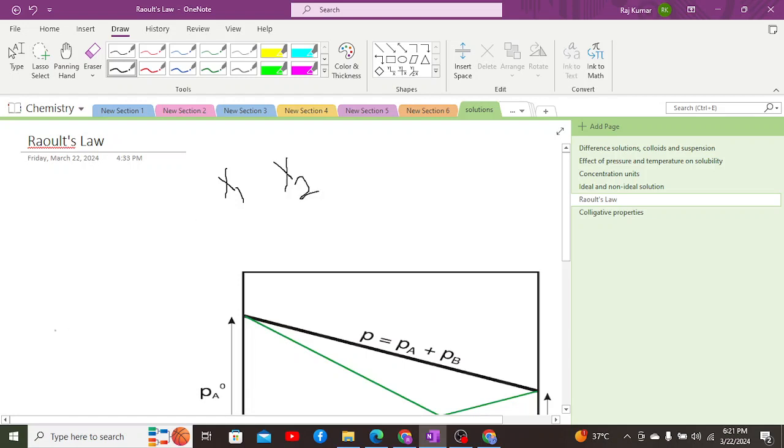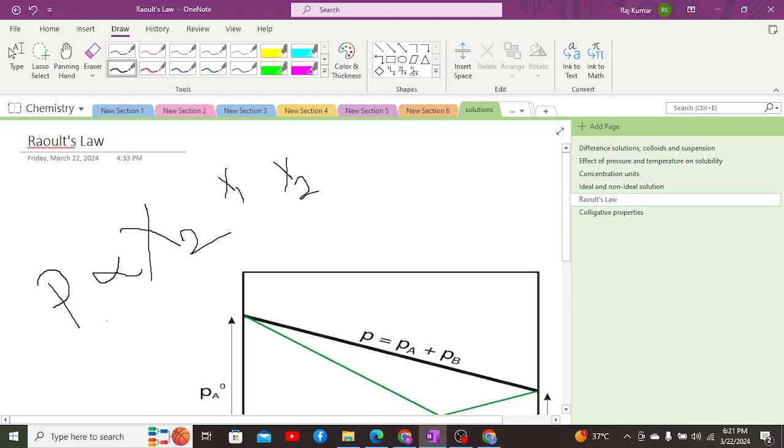Here we have the vapor pressure of the entire solution, represented by P. So P is directly proportional to the concentration, because mole fraction is a unit of concentration. The vapor pressure of the entire solution is directly proportional to the mole fraction of the solvent.